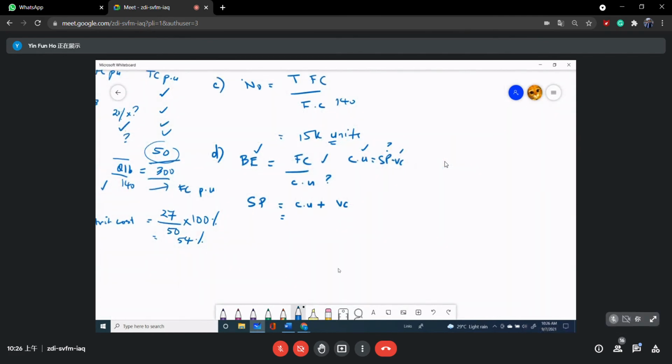So if you look at D, because I'm just trying to show you how to go about. So your main job is to know your formula. So from here, I want contribution per unit. So always swap side. This one go up and this one come down. Yes or no? So it's fixed cost divided by break even. Okay? And you get your figure.